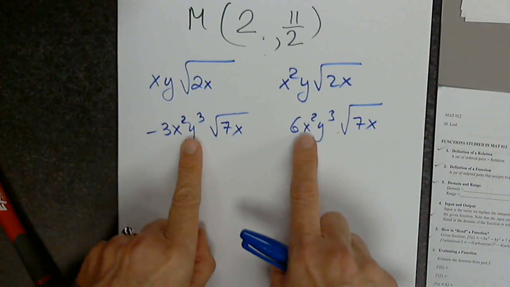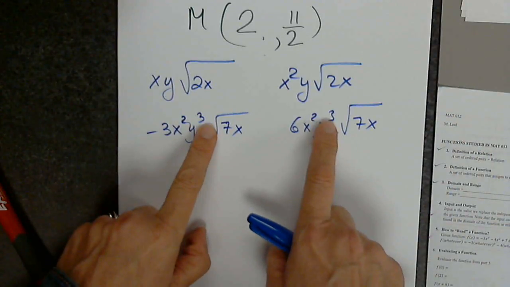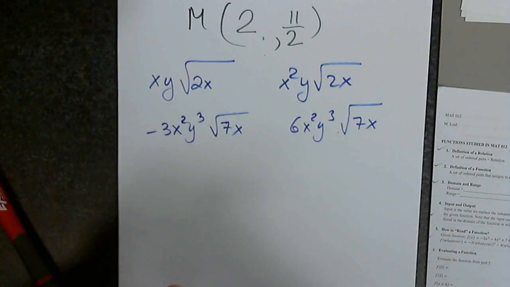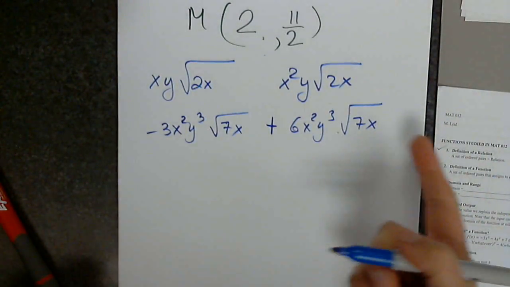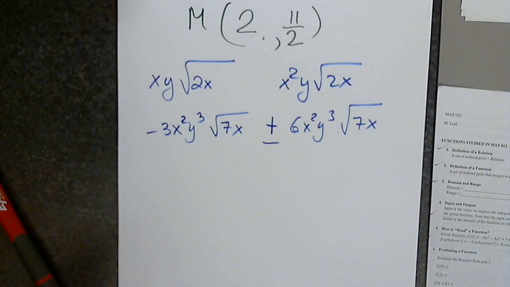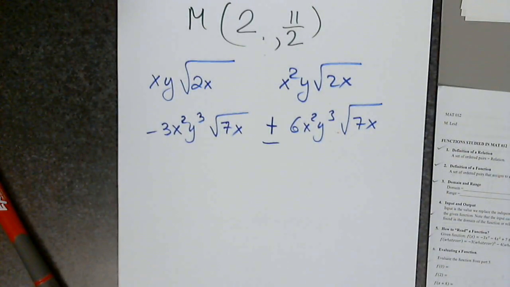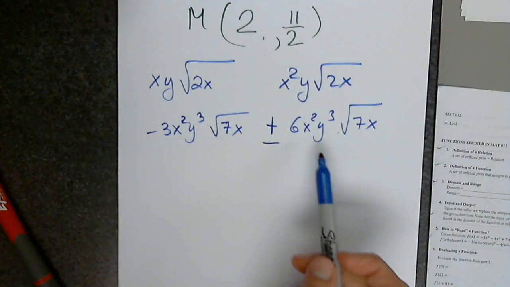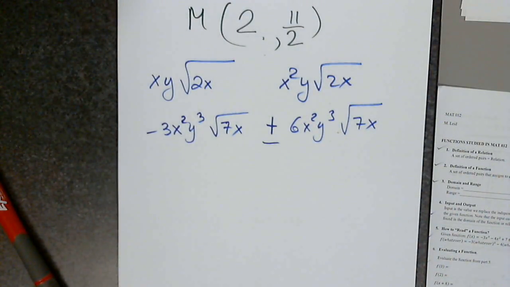They have the same variables outside with the same powers, and I don't care about the number in front. I can say negative 3 apples plus 6 apples, or negative 3 apples minus 6 apples, and I will be able to combine them. So these are not like radicals, these are like radicals. So that's what we are going to do in section 10.4. So I'm going back to the book.